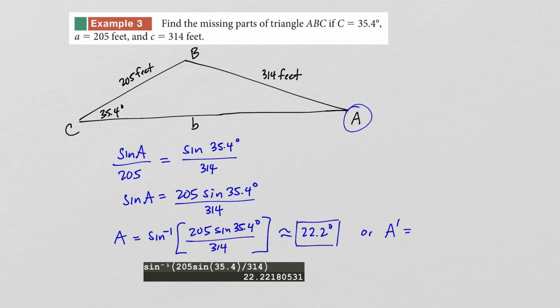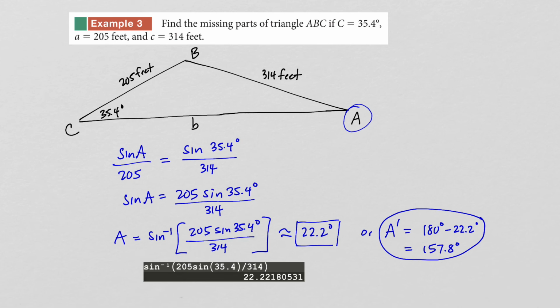Because again, remember, angle A could be an angle in the second quadrant, and if it was an angle in the second quadrant, it would be 180 minus 22.2 degrees. But if you do the math on this, you get 157.8 degrees. That's your possibility for A prime.